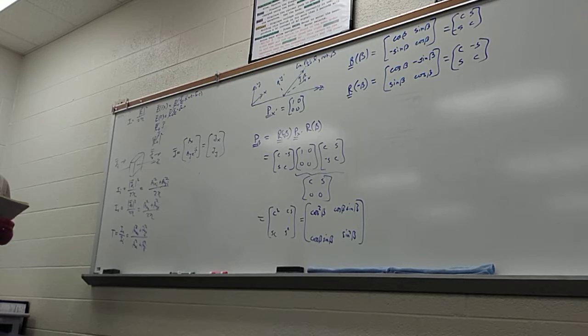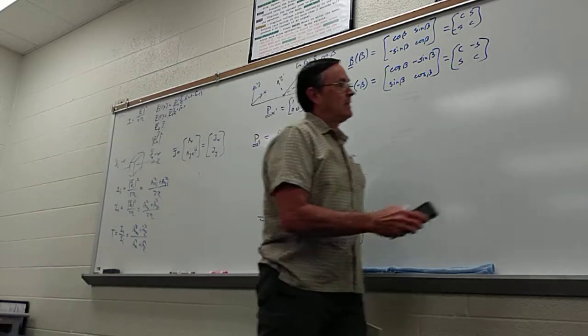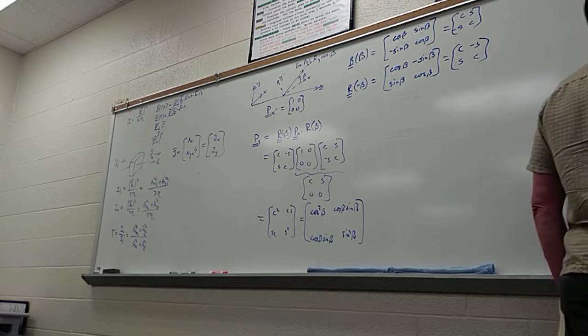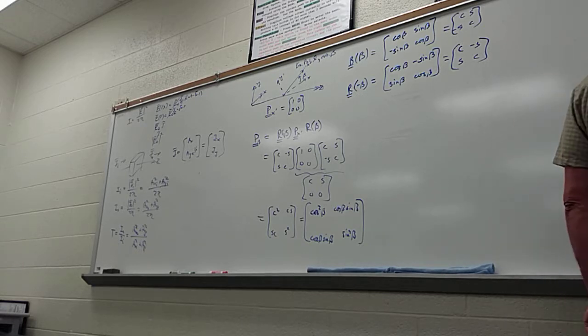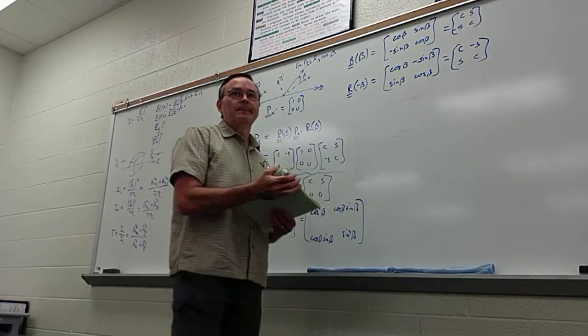So let's do a little exercise with this and use it, and then let's understand just intuitively what it means. Because in the end, we don't want to just do mathematical manipulations, we want to understand what it means.